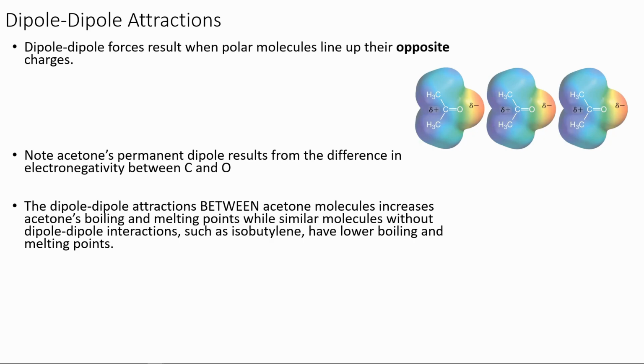This stabilizing interaction is actually going to increase acetone's boiling and melting points. Acetone is a very small molecule, very small molecular weight, and molecules of a similar molecular weight would have much lower boiling and melting points without this interaction.